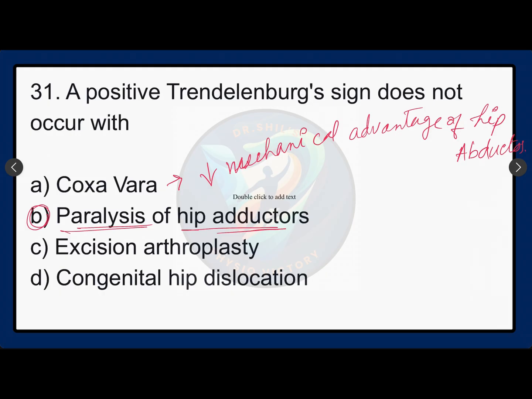Excision arthroplasty causes loss of hip stability due to abductor insufficiency. Congenital hip dislocation causes the abductor mechanism to become ineffective.